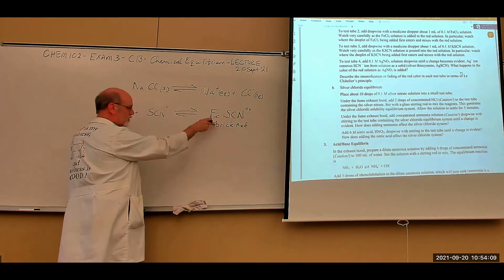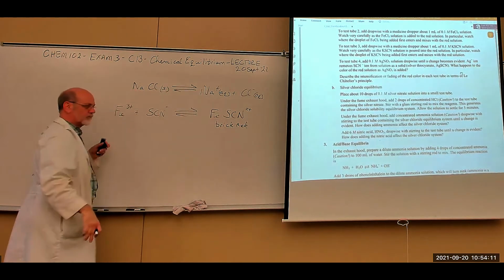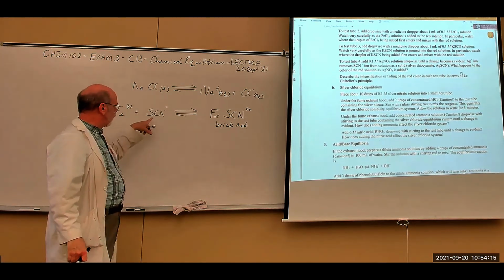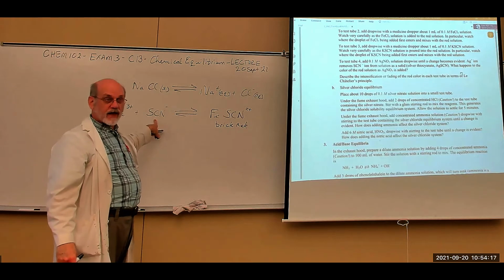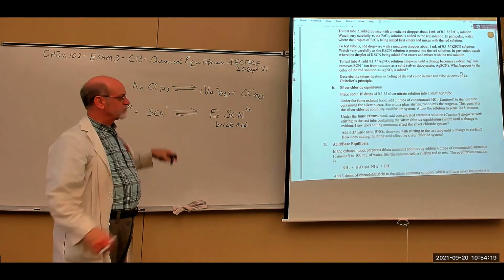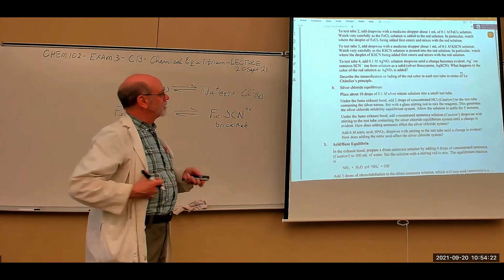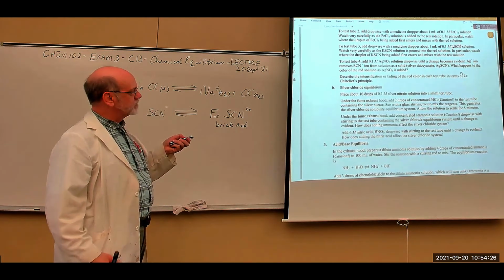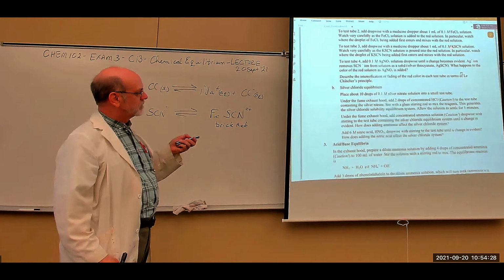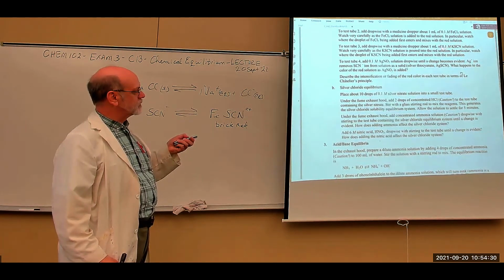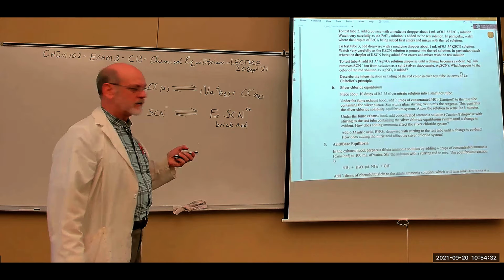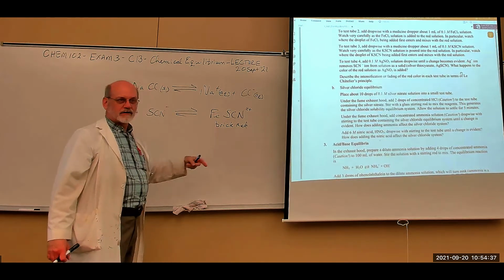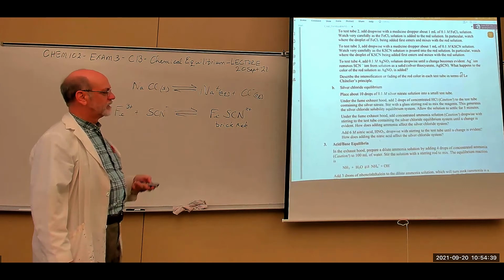How do we remove that? We have to shift it this way, so we've either got to remove iron 3 plus, or we've got to remove thiocyanate. If we add some potassium thiocyanate to the solution, that's going in the wrong direction. It's adding these, so it's going to get even redder. So how do we remove some of it?